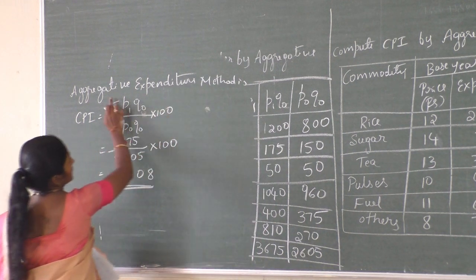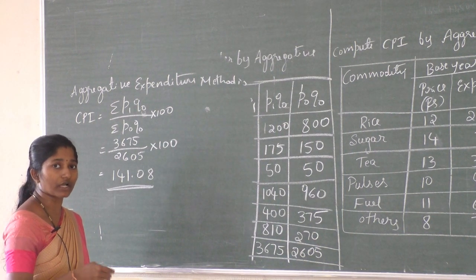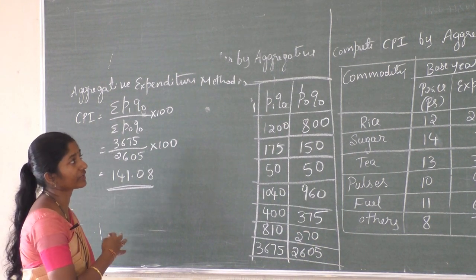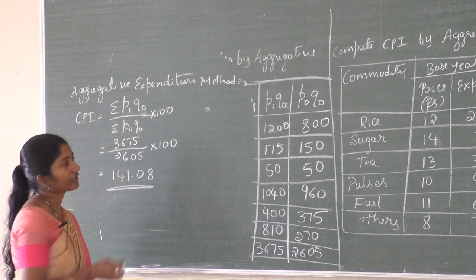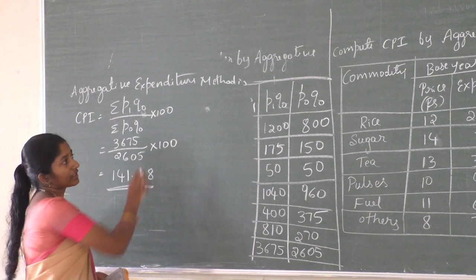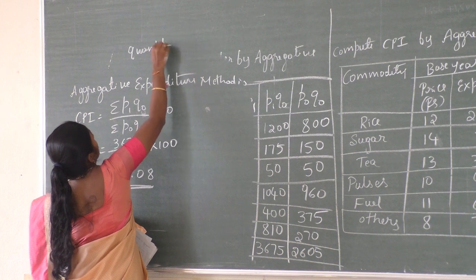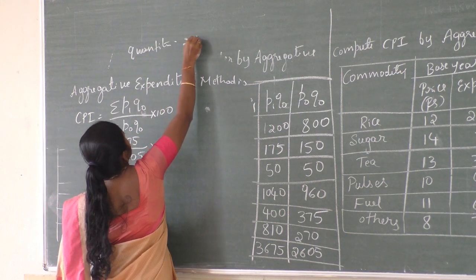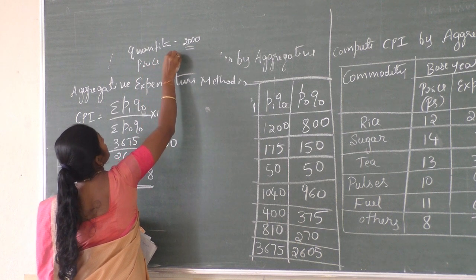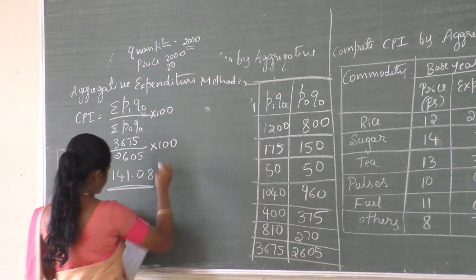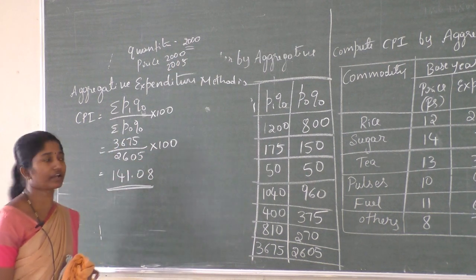Here they only asked for the aggregative expenditure method. Even if they did not ask, when the quantity is given and the price of the base year and current year is given, you should see that the quantities of 2000 mean base, and the prices of 2000 and 2005 are base and current year.